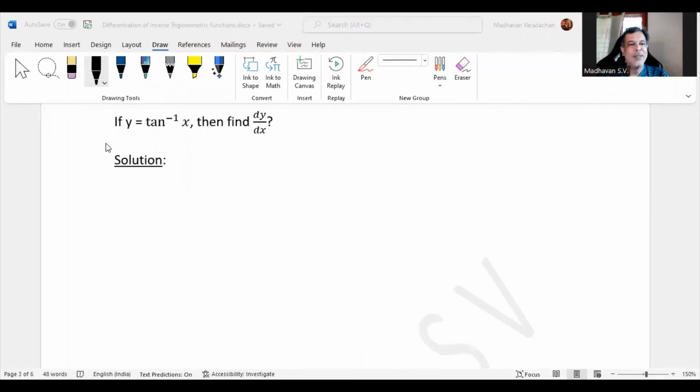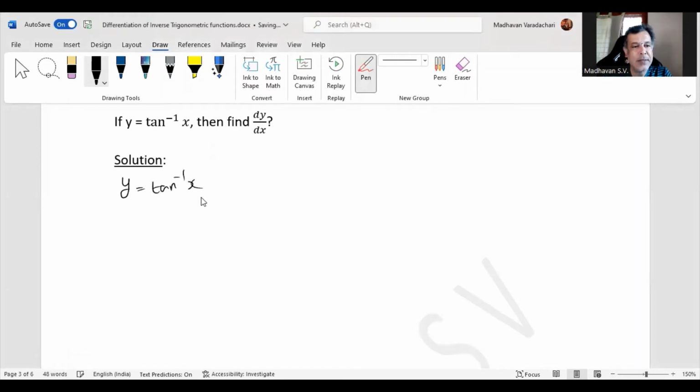It is given as y is equal to tan inverse of x, then we need to find what is dy by dx. So let us rewrite y is equal to tan inverse of x, which means tan y is equal to x. Differentiating with respect to x on both sides, what do we get?